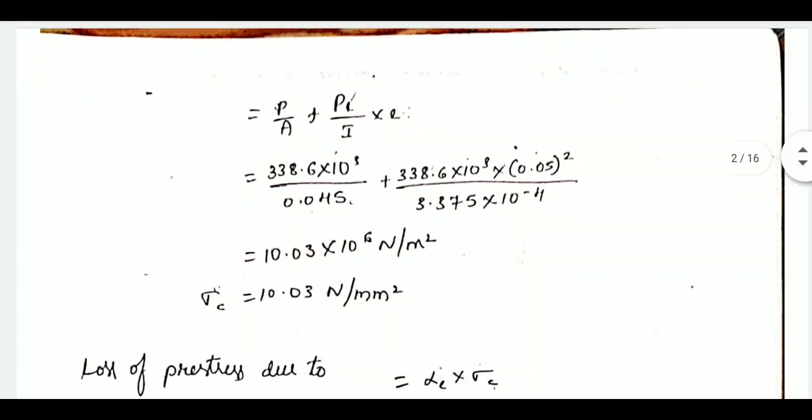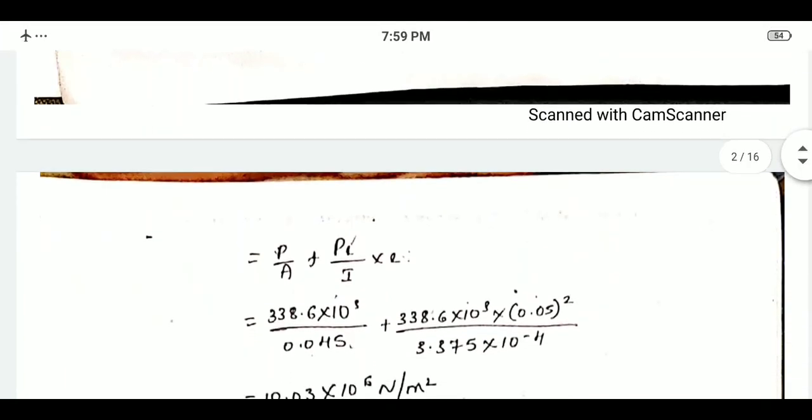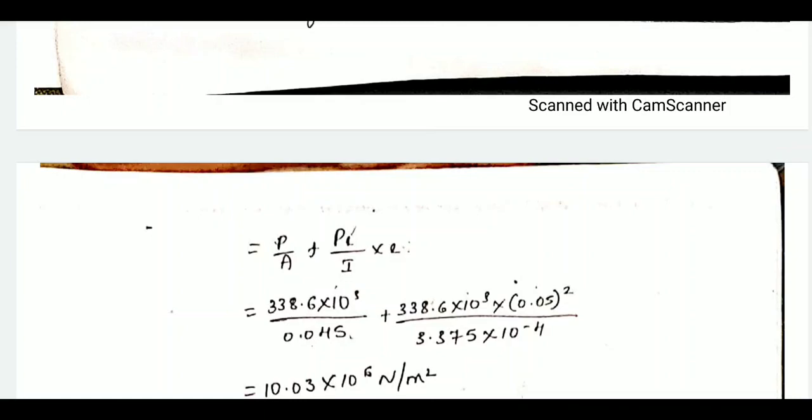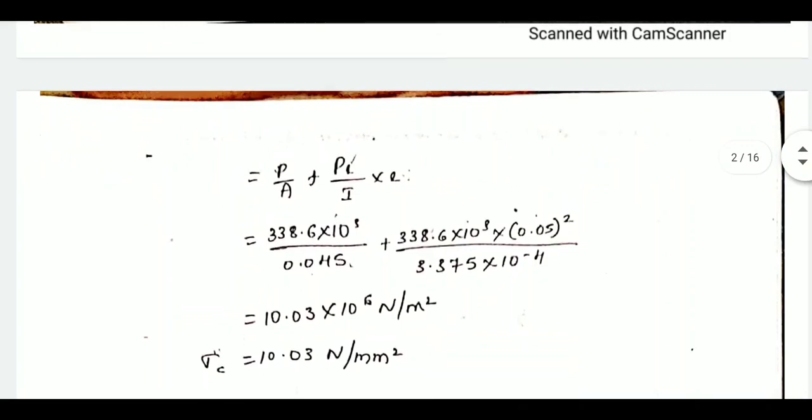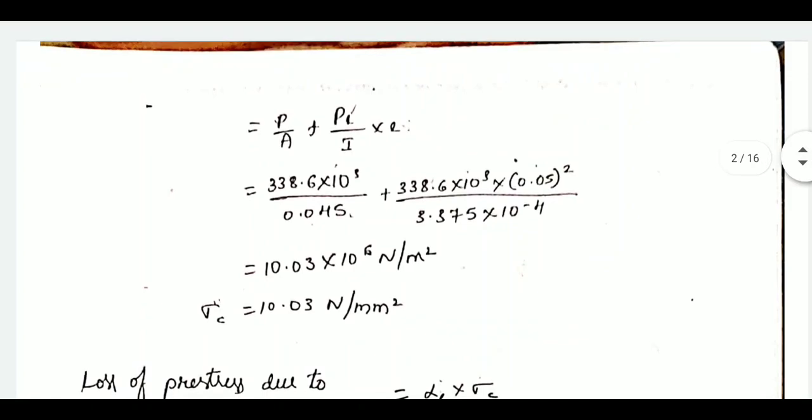M is equal to P into E, and into Y. Here in formula we have Y, that we have considered here E. That Y indicates it is not eccentricity, it is the distance of tendon to the centroid of this section. Remember this, Y is the distance of centroid to the tendons. Sometimes it may be E, but in different cases it may change. So in next problem we can understand that clearly. So for this problem, Y is nothing but eccentricity only.